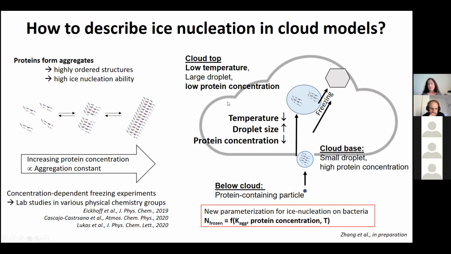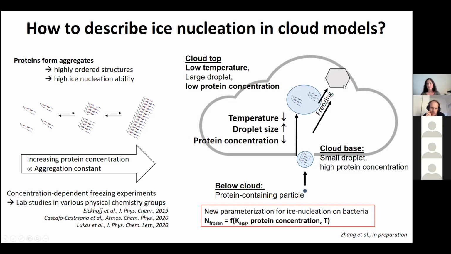So this has consequences for cloud chemists or for cloud models, because if you think about a particle that has a protein, becomes a cloud droplet, of course a cloud droplet in the beginning is very small. That means the concentration is high. Cloud droplets start growing higher in the cloud, but also the temperature drops higher in the cloud and eventually initiates freezing.